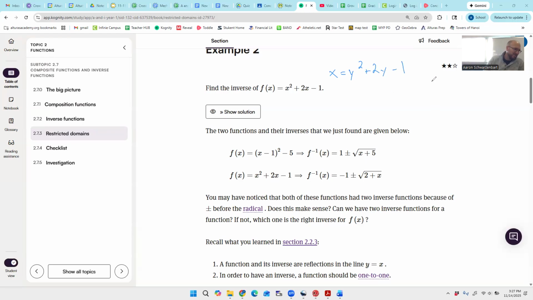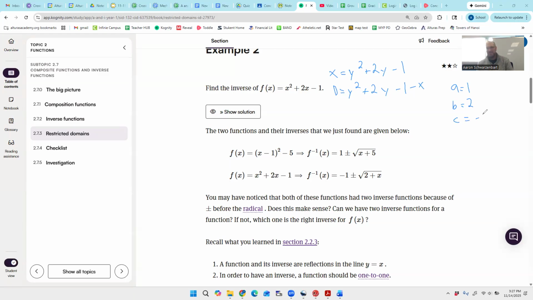I can go ahead and solve this for y, but I kind of have a problem. It's not equal to zero, so I can't just use the quadratic formula. So I've subtracted x from both sides, and I can use the quadratic formula now.